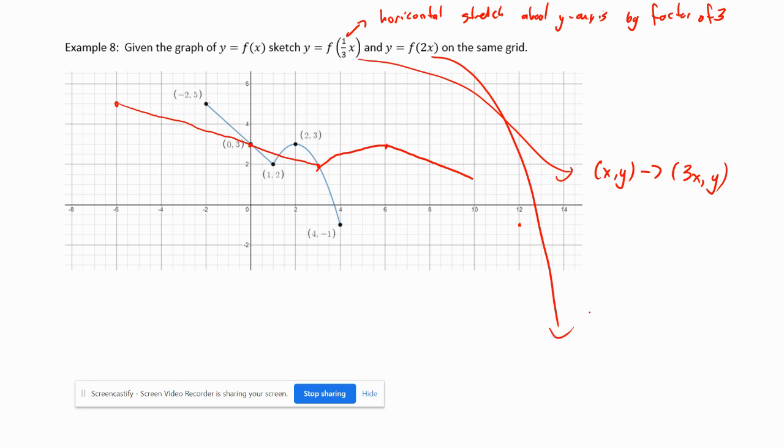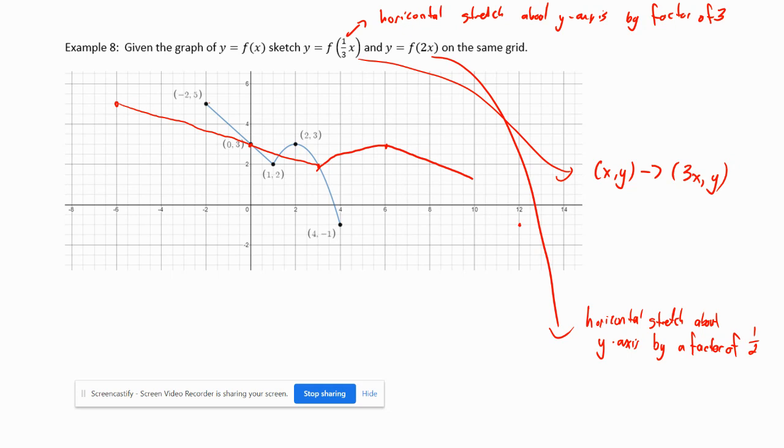Okay, what does this guy do? This is going to be a horizontal stretch about the y-axis by a factor of 1/2.